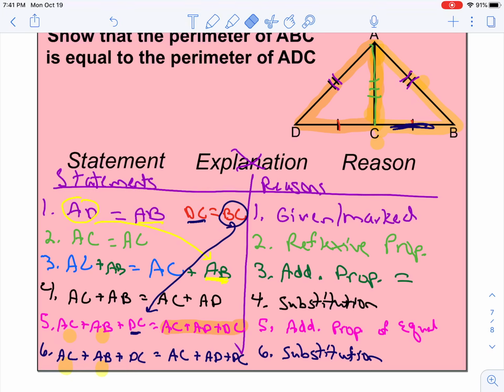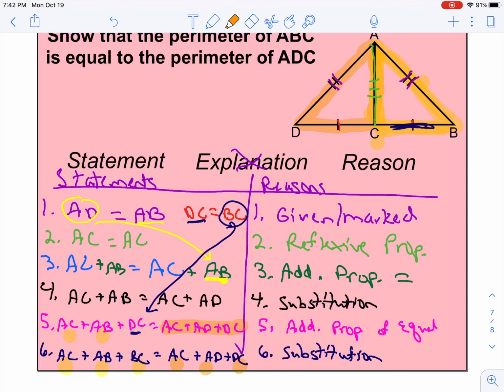Remember, I was supposed to replace that with BC. And I actually forgot. So this is BC. And that is the other piece of the perimeter that I need for this yellow triangle right there. And now this perimeter is the orange triangle.